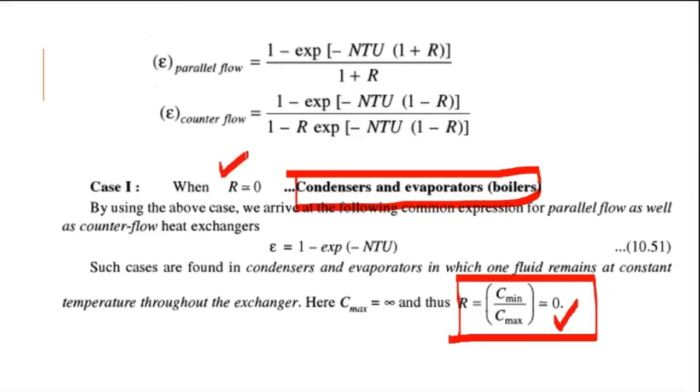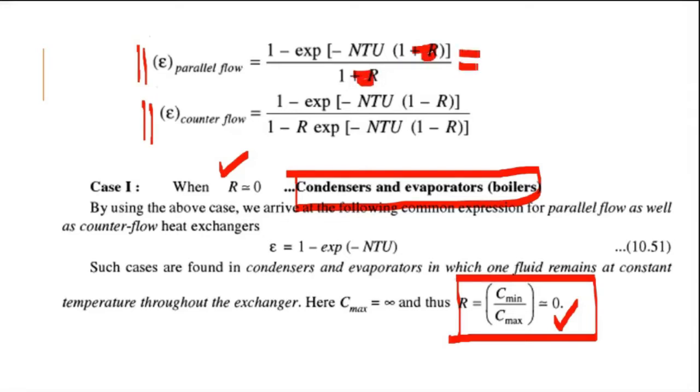So since R is equal to 0, we will see what is the effectiveness of a parallel flow condenser evaporator or a counter flow condenser evaporator. So for parallel flow, this was the relation. Put R is equal to 0. R is equal to 0 means this term will be gone, and here also this term will be gone.